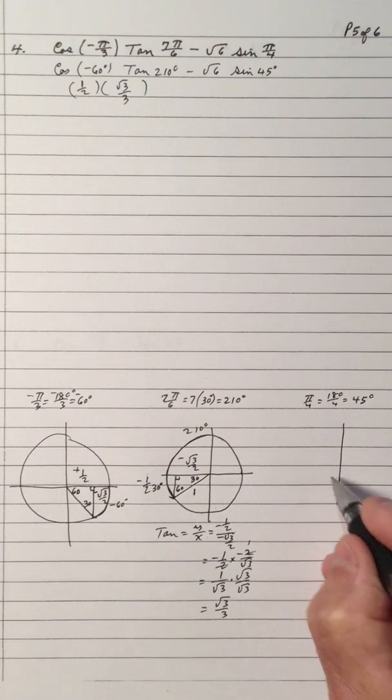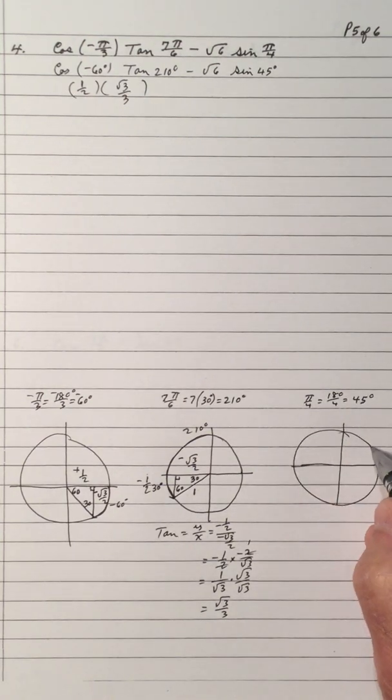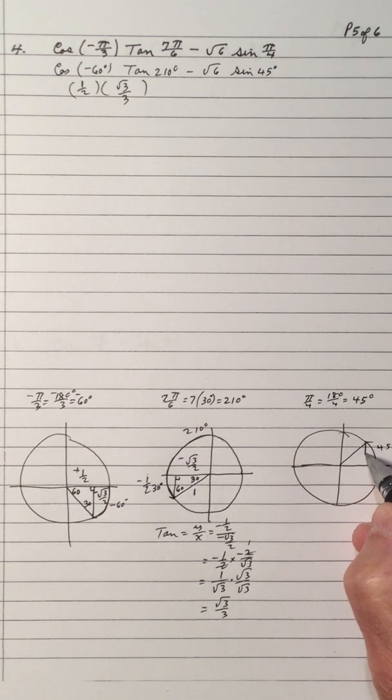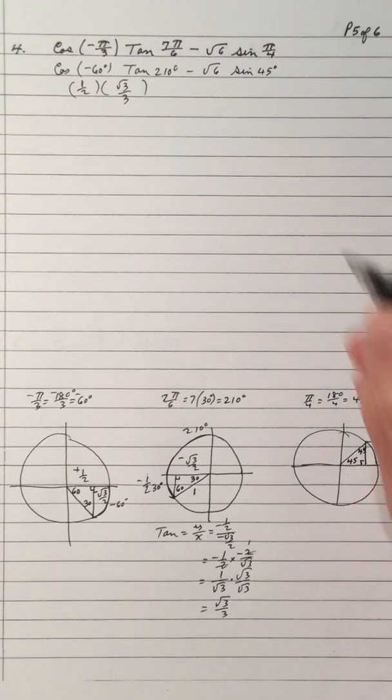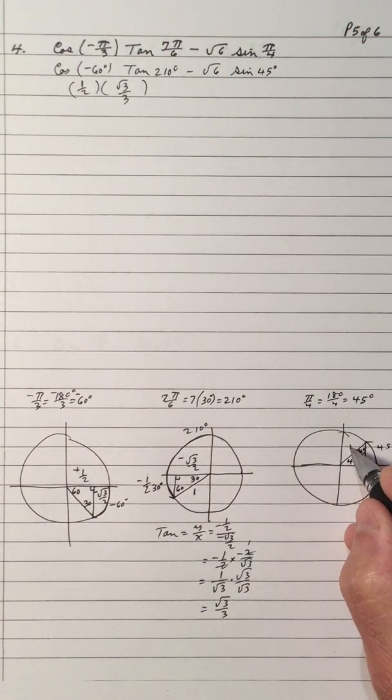And we have to do the 45. Rotate the 45 right to here. Terminal arm, perpendicular to the x-axis. This angle is 45, then the central angle and the reference angle is 45. The other angle is 45, because it's a 45, 45, 90 right triangle. And pi over 4, the reference angle is 45. Hypotenuse is 1.